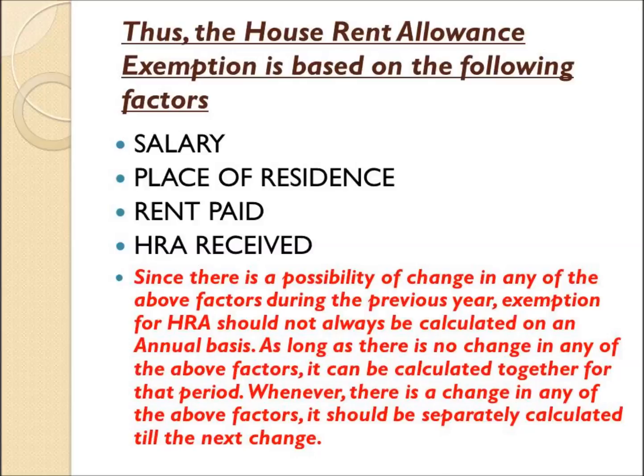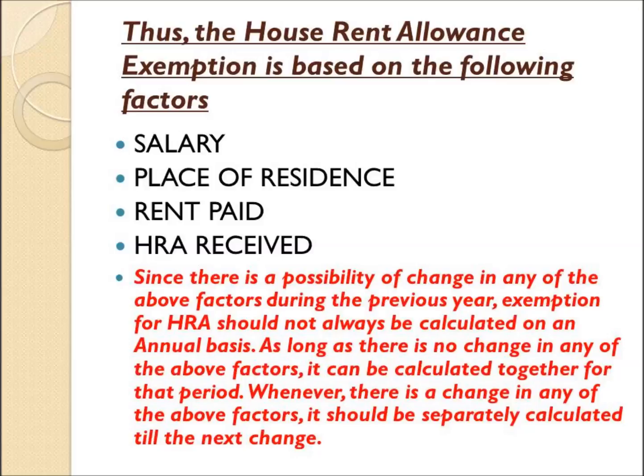And whenever there is a change in any of the above factors, it should be separately calculated till the next change. So this is why it was given that the HRA exemption should be calculated for a relevant period, that is the period when these four factors remain unchanged.